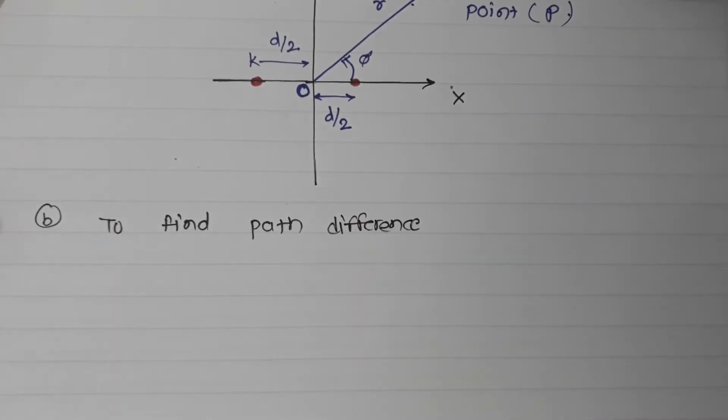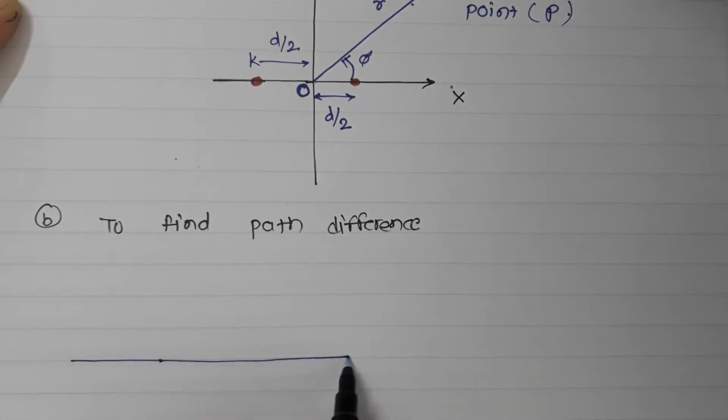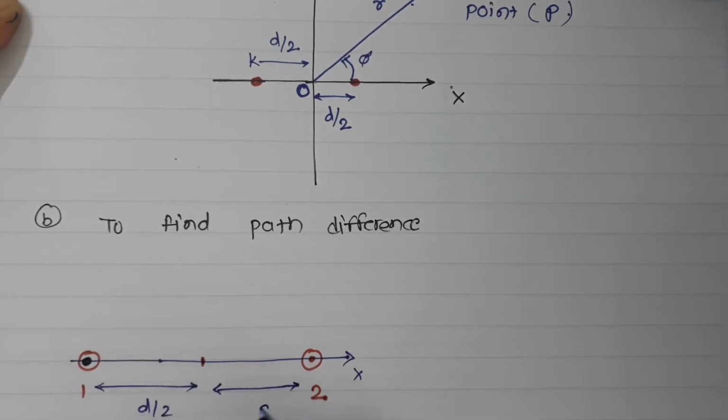Okay, so this is your x-axis, this is your element 1 and this is your element 2. This is nothing but the reference. We are considering the origin as a reference. So the distance will be equal, that is d by 2. Here also it will be d by 2, whereas the total distance will be this one.